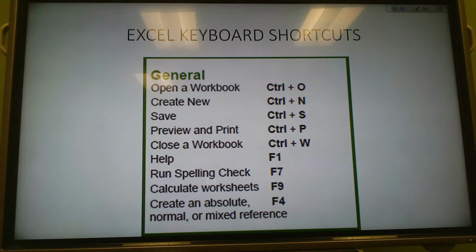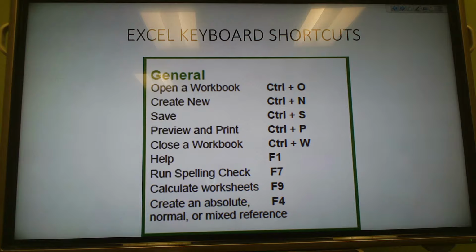Remember, Control and Z is really going to be your go-to thing again, but we're going to go through some live exercises with the Control button. So anyway, just remember, Control and O is open, Control and N is new, Control and S is save, Preview and Print is Control and P, to close a workbook is Control and W, F1 for help.